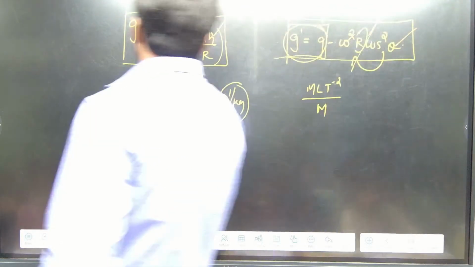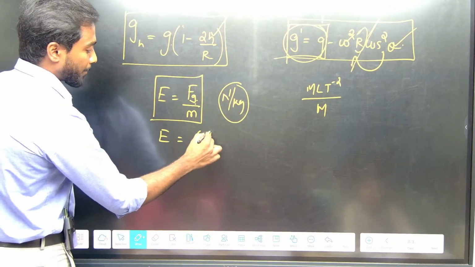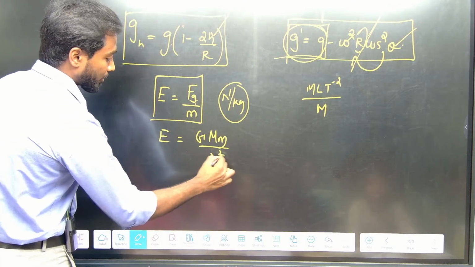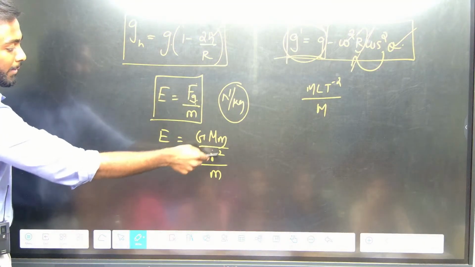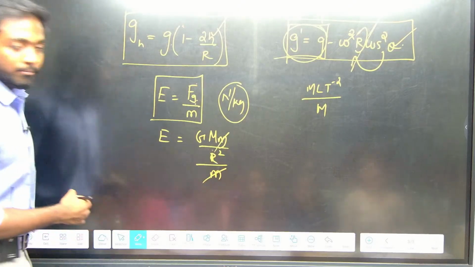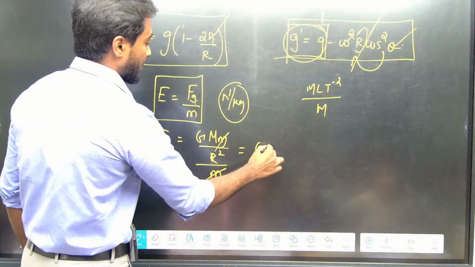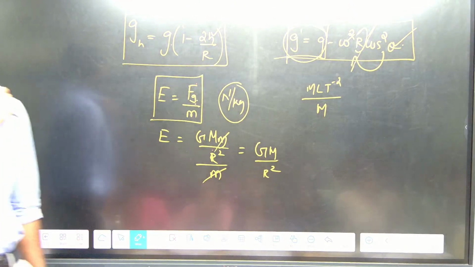So E is equal to G capital M small m by R square divided by m. If I expand this, G M m by R square divided by m, I can cancel the m. So it is G M by R square. This is the formula for the first one.